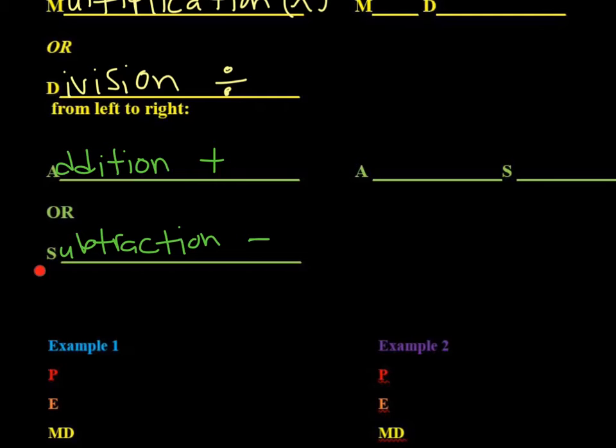You start from the left and go to your right. If addition comes before subtraction, then you do addition first. If subtraction comes before addition, then you do subtraction first. Again, A does not come before S, and S does not come before A. You start from the left and go to the right, and whichever one comes first, that's what you do.